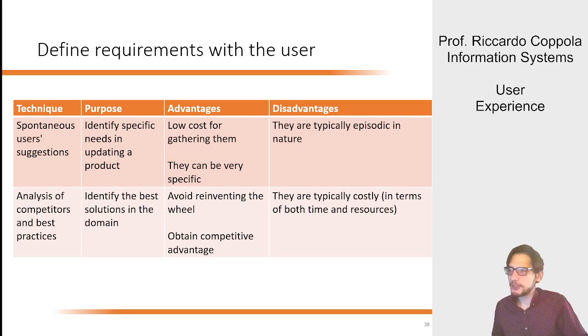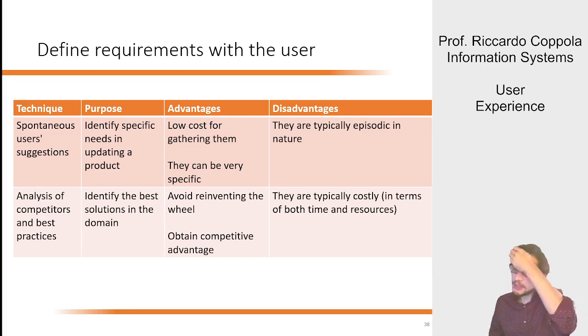So, for instance, if I have a screen that crashes, I can have many people telling me, hey, there is a bug in this screen. The problem is that you cannot rely on that because maybe you get no feedback from the users and you cannot only rely on users' feedback.